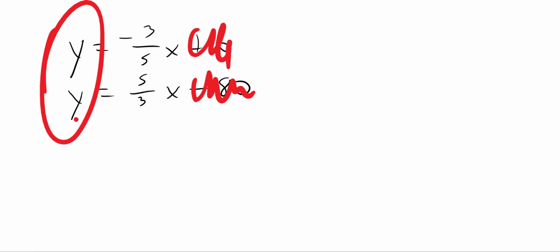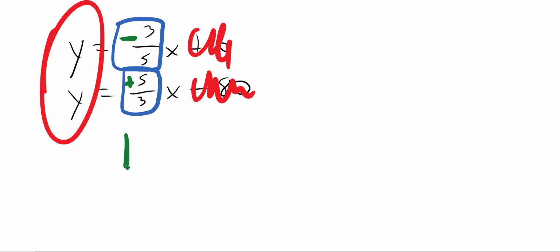This slope is negative 3/5, and this slope is positive 5/3. They are opposite because one's negative and one's positive. This one has no sign, so it's positive. And 3/5 and 5/3 are reciprocals. So we say these are perpendicular. This is just a symbol for perpendicular. You can write it out, or you can say perpendicular.